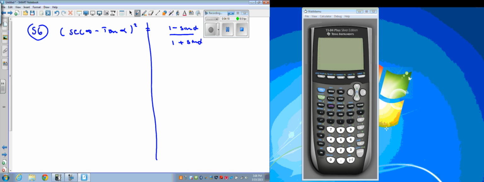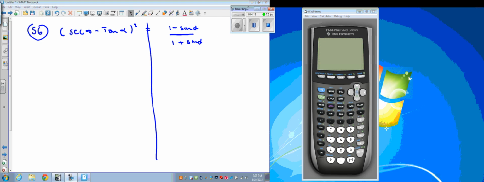Now, the most difficult side is this one, and what I'm going to do with it is change it in terms of sine and cosine. That's usually the easiest thing to do. This side right here. So secant is 1 over cosine, right?